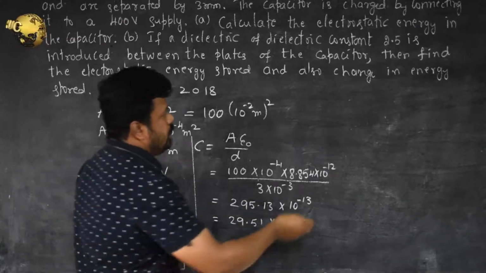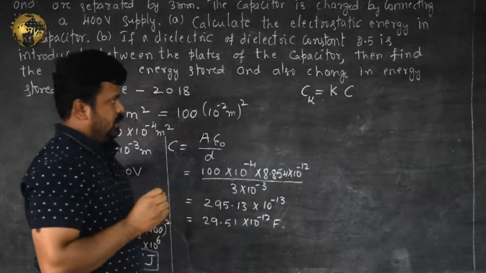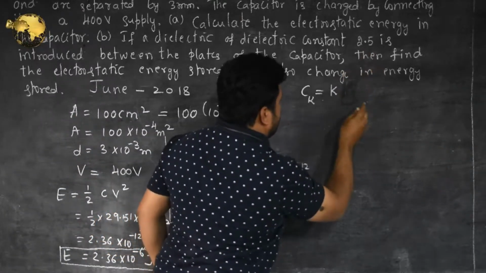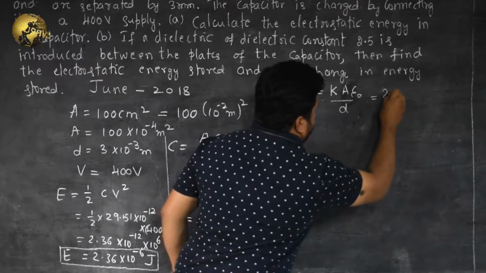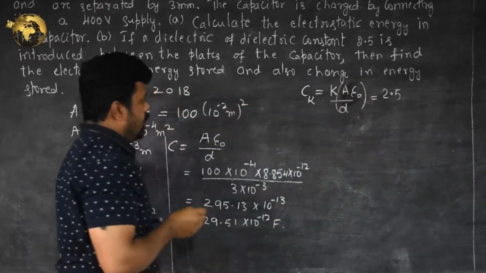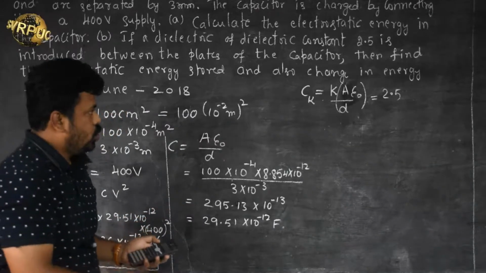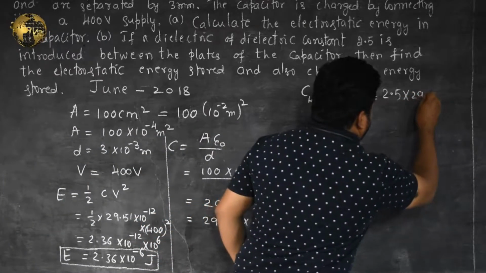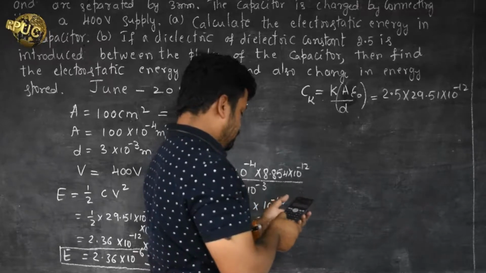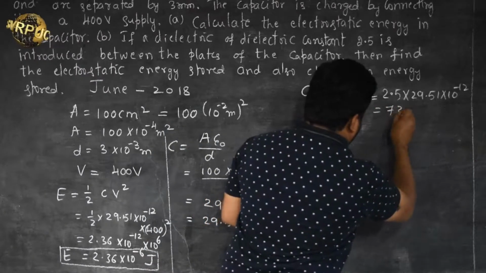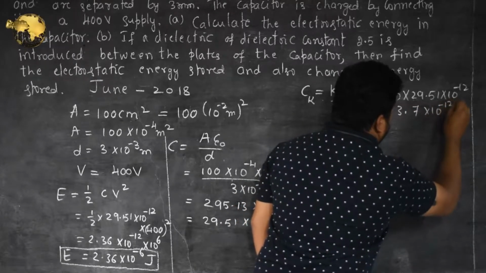The new capacitance is C equal to K into the earlier capacitance, that is K into A epsilon naught by D. So 2.5 into 29.51 into 10 to the power minus 12. So we get 73.7 into 10 to the power minus 12 farad.